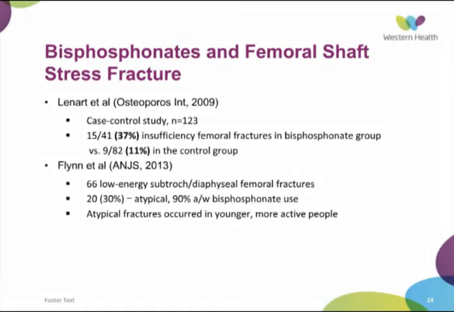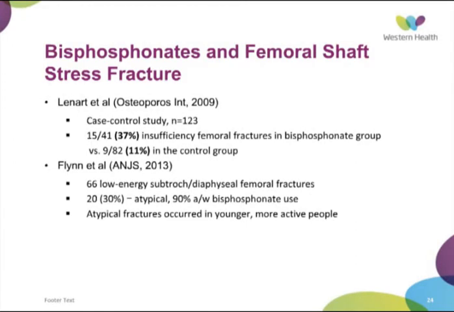Jenny Flynn was a registrar here, I believe, last year, and she published a study in the ANZ Journal this year looking at 66 low-energy subtroch and diaphyseal femoral fractures, and they found out of these 66, 30% were atypical, which is actually a lot higher than what's been previously reported. And of these atypical ones, 90% were associated with bisphosphonate use. And these atypical fractures tended to occur in younger, more active people. So certainly there's been an association that's demonstrated in literature, but more than that, it's quite difficult to say.